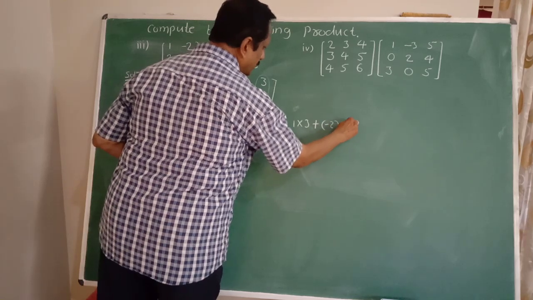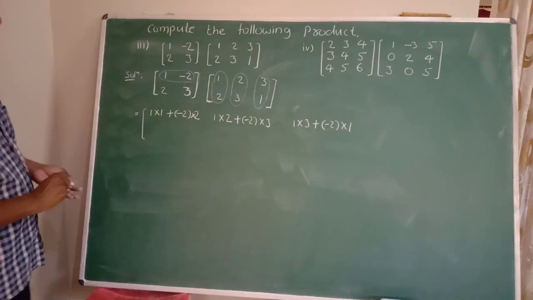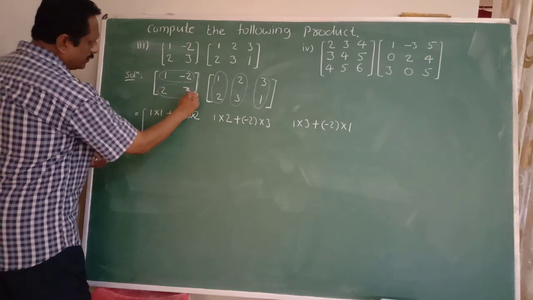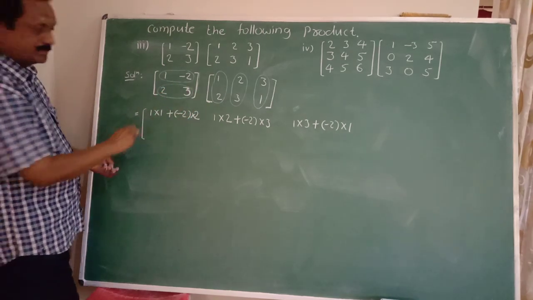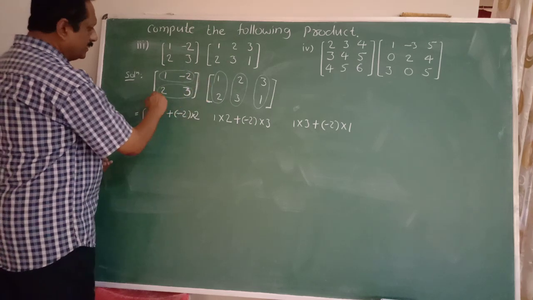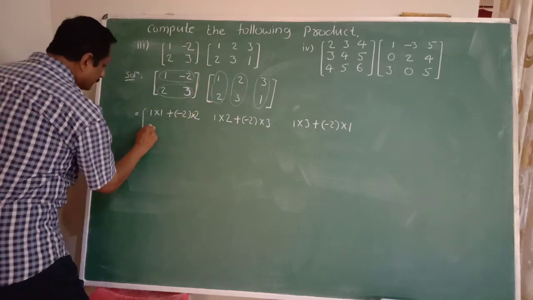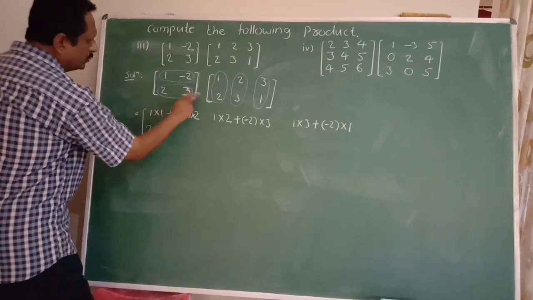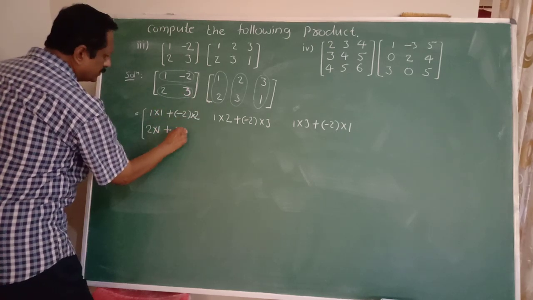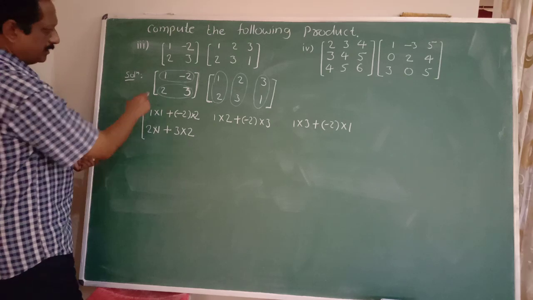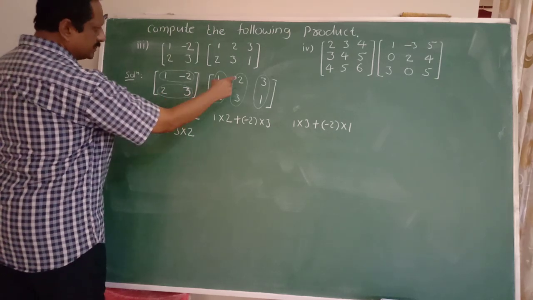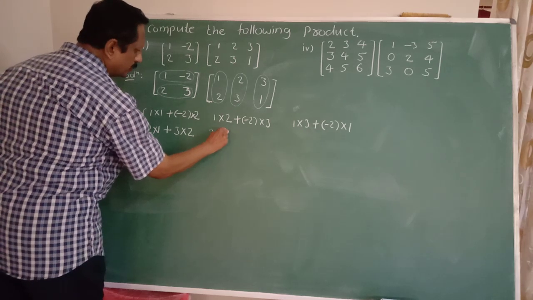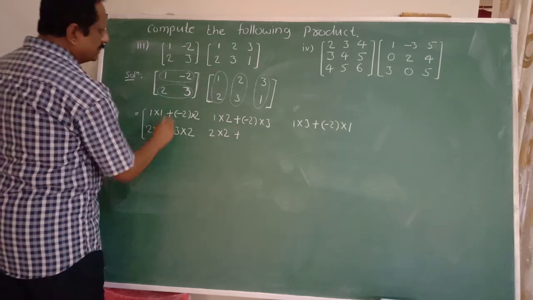Similarly, take the second row. Multiply the second row with the first column: 2 into 1 plus 3 into 2. Multiply the second row with the second column: 2 into 2 plus 3 into 3.